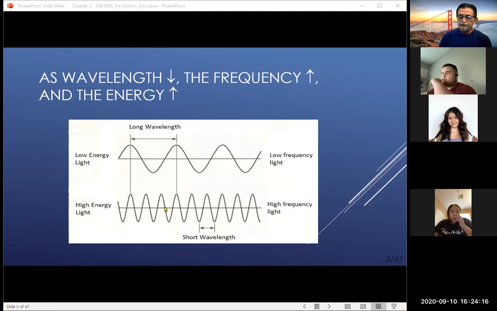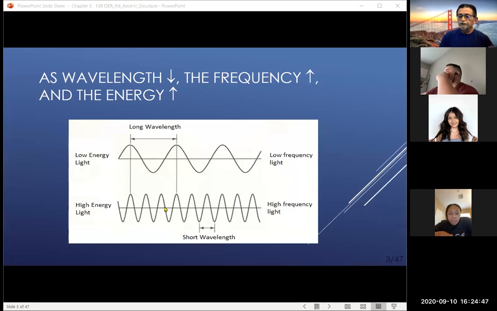The bottom one represents a short wavelength. Now, as the wavelength goes down in value, the frequency within a given second goes up, and the energy involved goes up too. All electromagnetic radiation has energy associated with it. And as the frequency goes up, the energy goes up, okay?